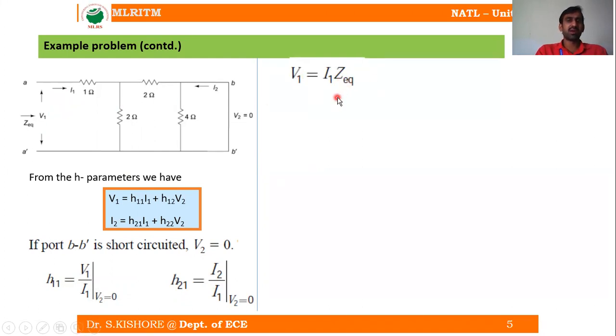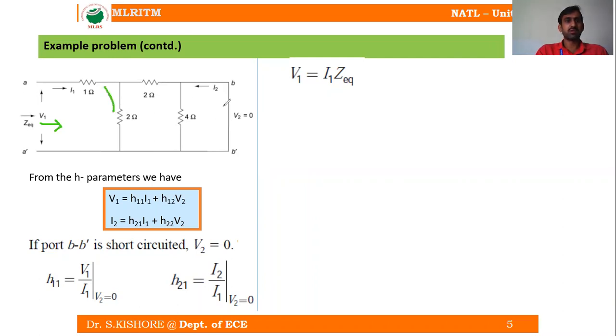Z equivalent is the equivalent impedance looking from the port A dash. If we look from the port A dash, what is going to be our equivalent impedance? Looking from this side, we can see these two are going to be in series.